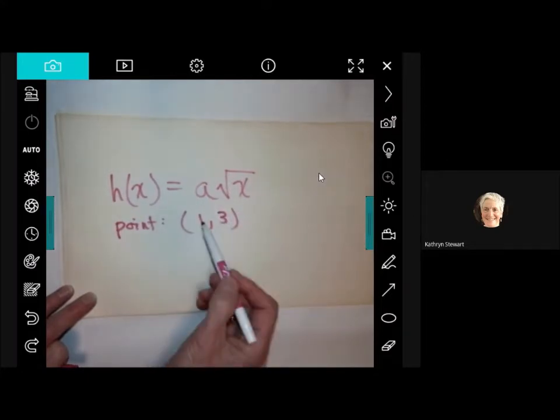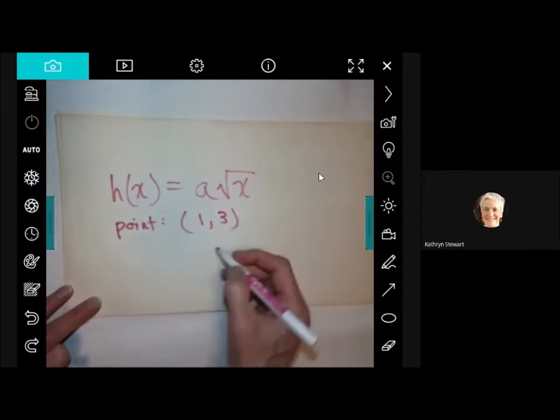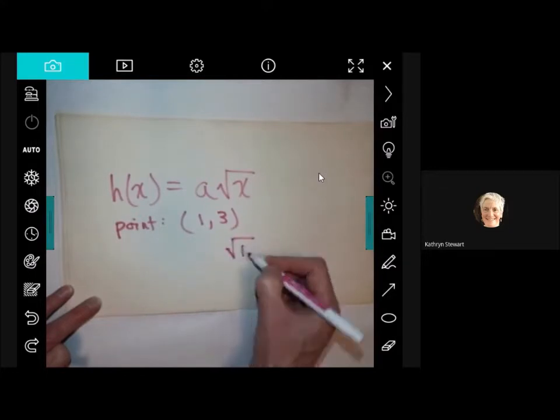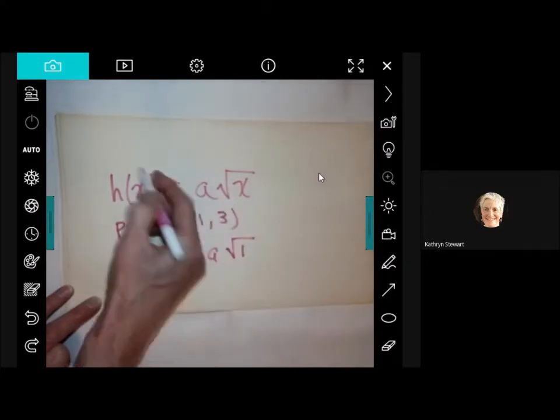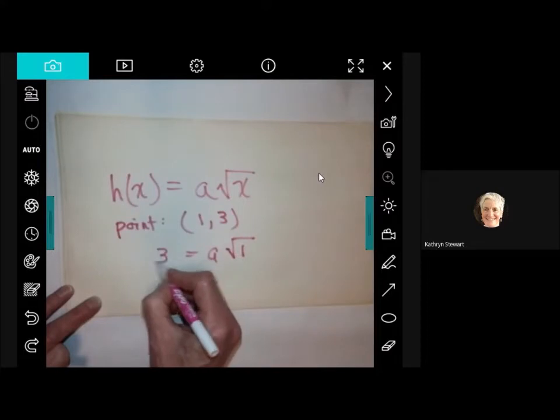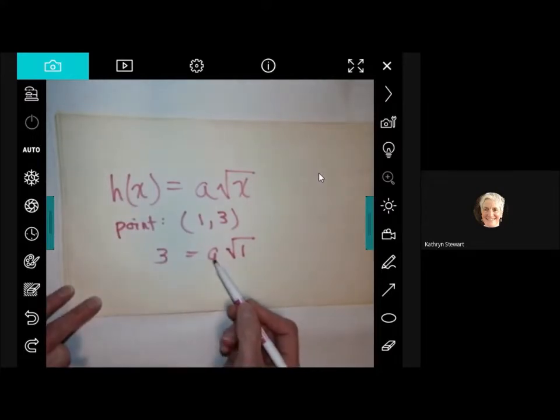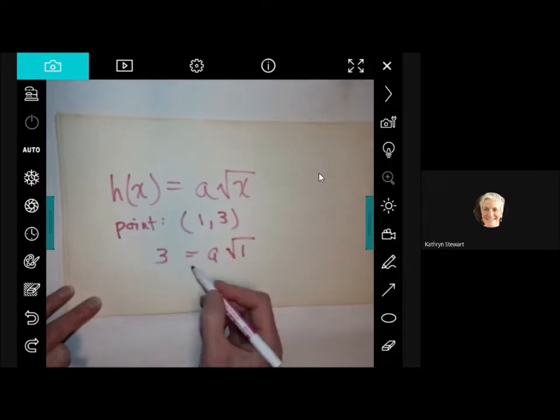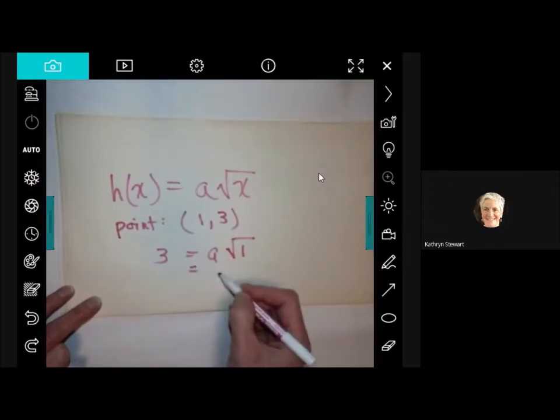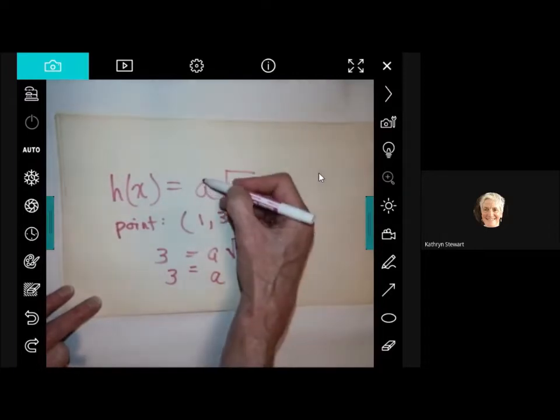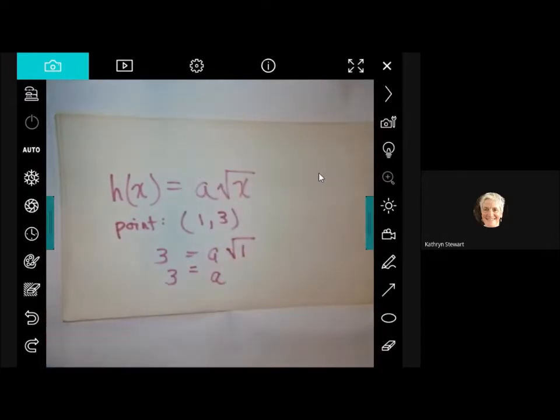So if you want, you can just put in the 1 for your x. You can put the 3 in for your y, which in other words is your h of x, and solve for a. So let's see, a times square root of 1, well, square root of 1 is 1, so I get a equals 3. Oh, so I know that this a is in fact a 3.